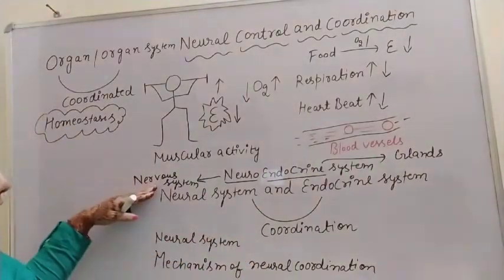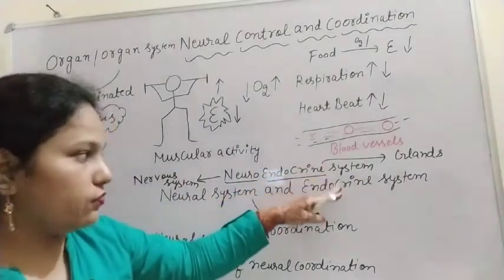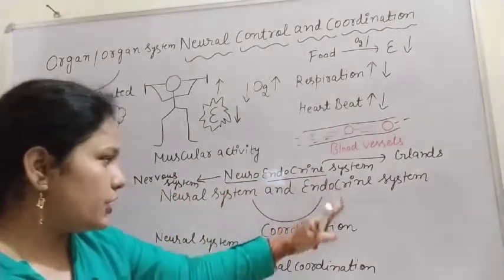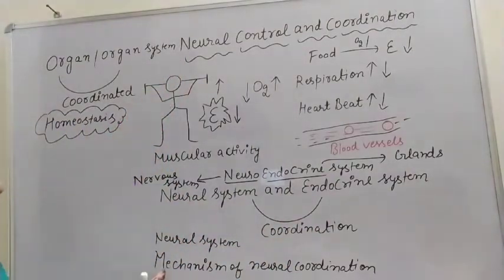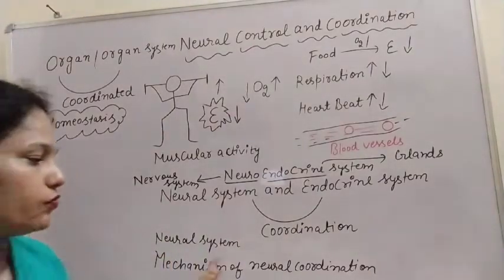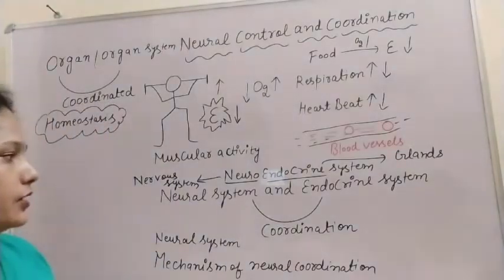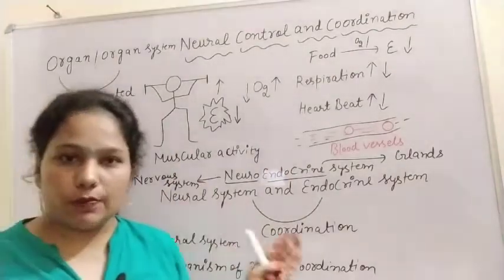So both the nervous as well as the endocrine system work coordinately. And in this chapter we will discuss the neural system, the mechanism of neural coordination, and all these topics.